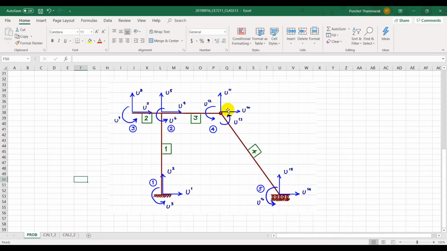So the alpha angle, if this is the x-axis and this is the starting node, you can measure the angle by opening it in the counterclockwise direction, or if you go in the clockwise direction like this, you're going to have the negative sign.